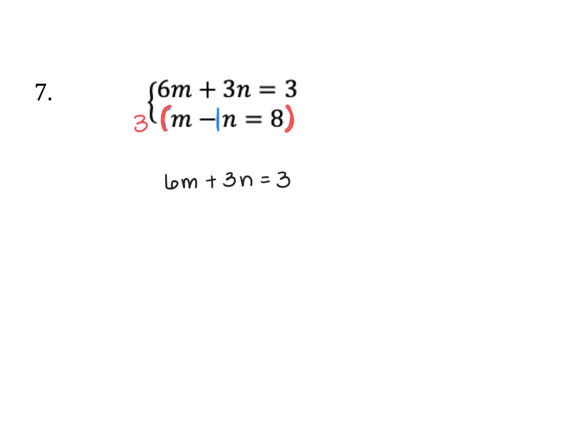And now I'm going to rewrite this one after I've distributed. 3 times m is 3m. Then 3 times negative 1 is going to give me a negative 3n. And now 3 times that 8 is going to give you 24.